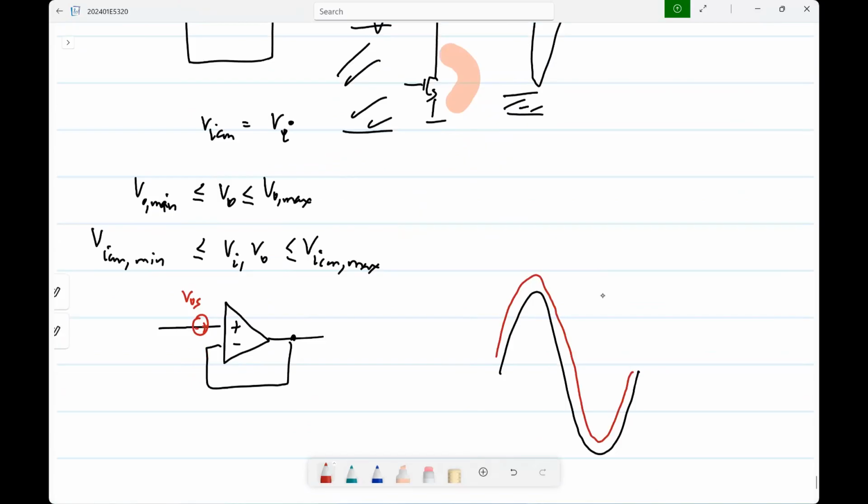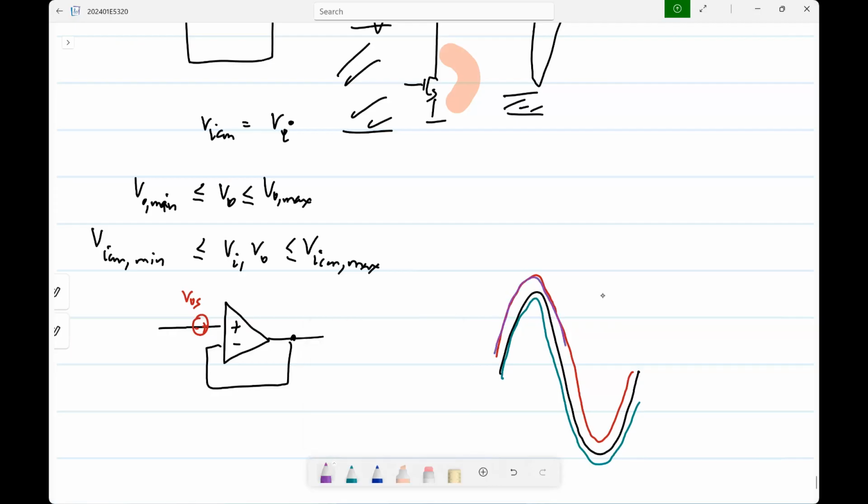Now what happens is you expect a different VOS for the lower common mode voltage. So that could be different. So let's say that is something like this. Okay. So now, of course, the transition between these two will be smooth, but you can expect an output that has some shape like this.